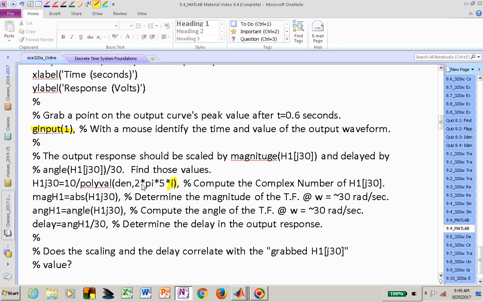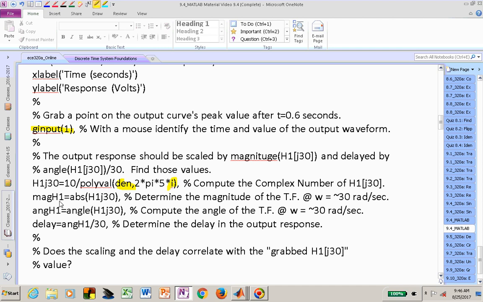root of -1, so it's j30. Here's 10 times pi, so that's j30. I'm evaluating the denominator and I'm dividing that into 10 so that H1 of j30 represents the complex number of my transfer function when I evaluate that transfer function on the imaginary axis at the point j30.